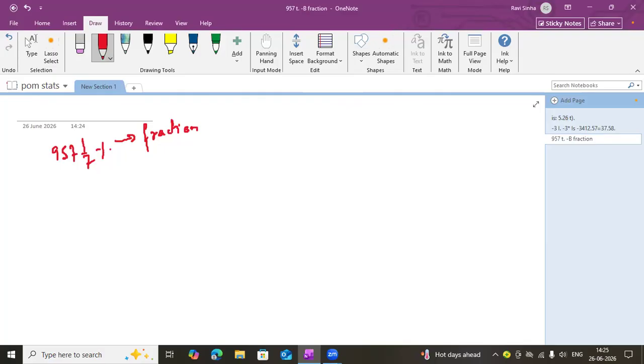Now let us see how to convert this percentage into a fraction.